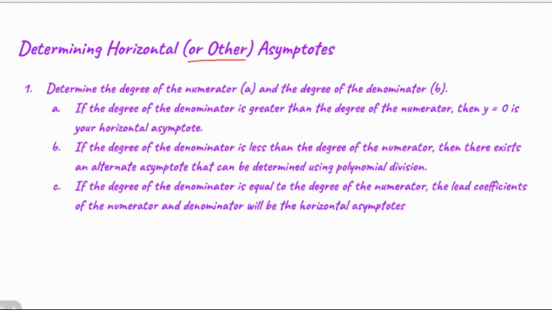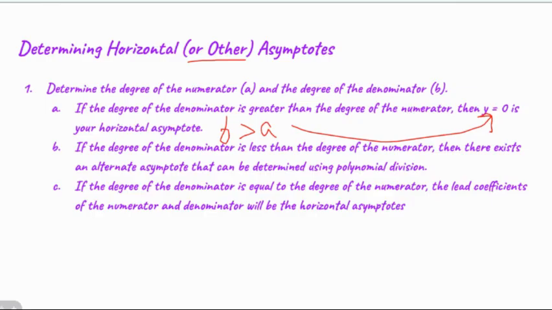Determine the degree of the numerator, we'll call that A, and determine the degree of the denominator, we'll call that B. If the degree of the denominator is greater than the degree of the numerator, then y equals 0 is your horizontal asymptote, okay? So this is saying if b is greater than a, then y equals 0 is my answer. Okay, we're always expressing horizontal asymptotes as y equals. We're going to continue that.